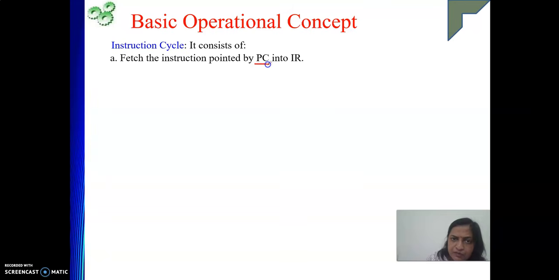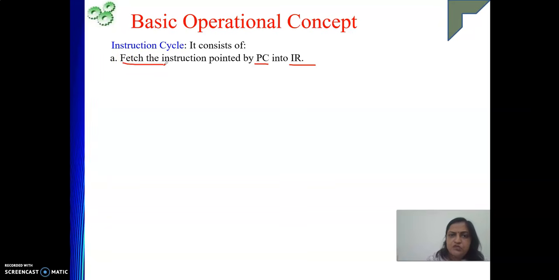PC will be pointing to the instruction, that means it will give me the address of the instruction that I am interested to execute. And after getting it from memory, where am I going to store it? In your IR. Where is IR? Inside the CPU, right? IR is the instruction register. So this first part is called fetching the instruction.